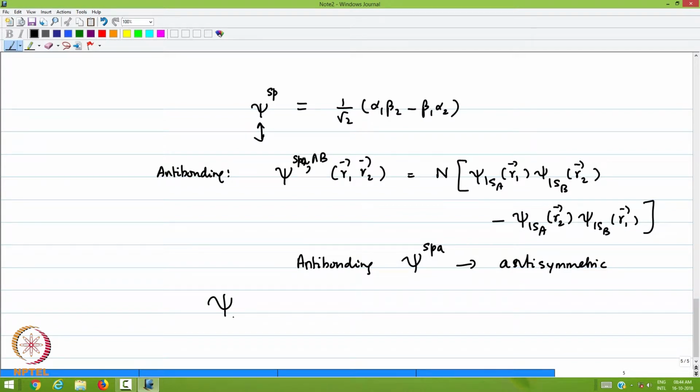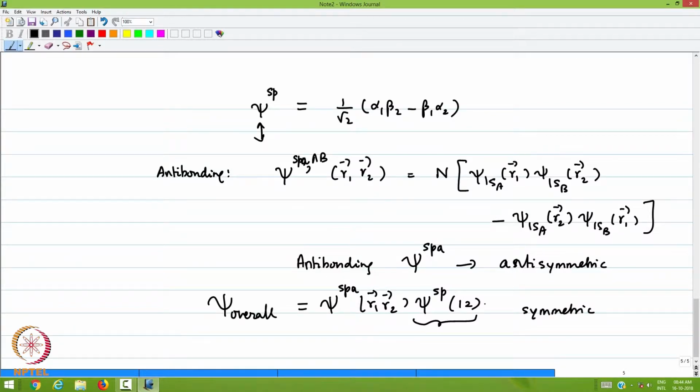Therefore, the psi overall, if you have to write it as a product of psi spatial R1 R2 and psi spin 1 2, you see that this has to be symmetric. That is, with respect to the interchange of the spin coordinates of the 2 electrons, this wave function should not change sign, because the spatial part already changes sign in the anti-bonding case.